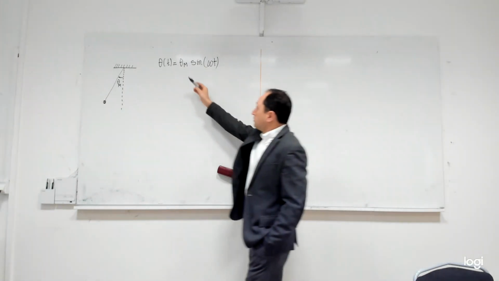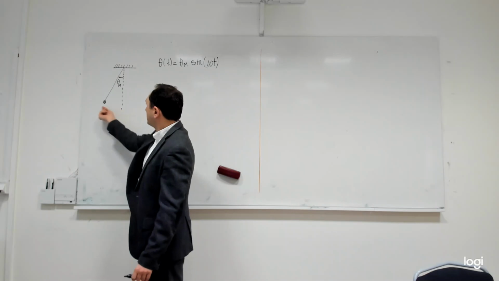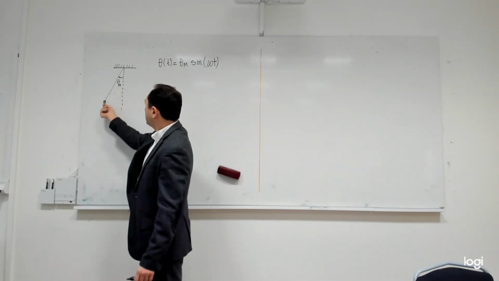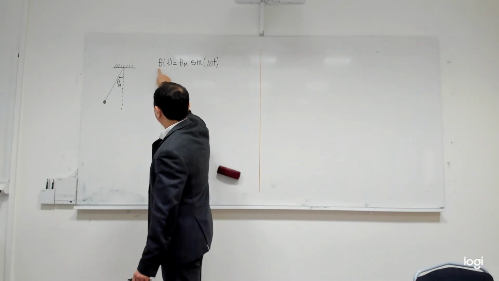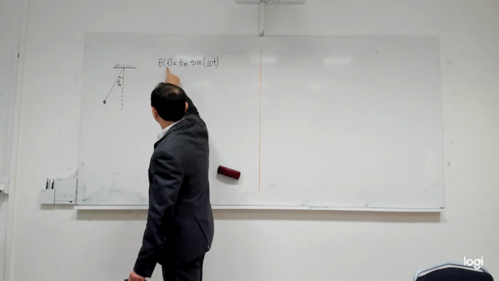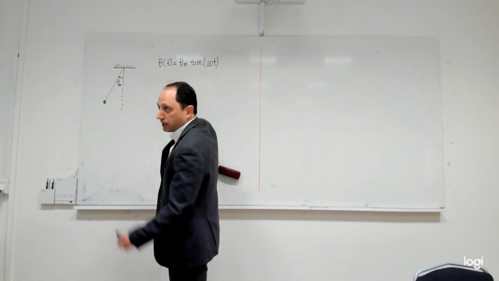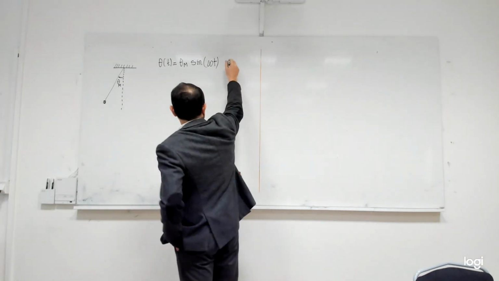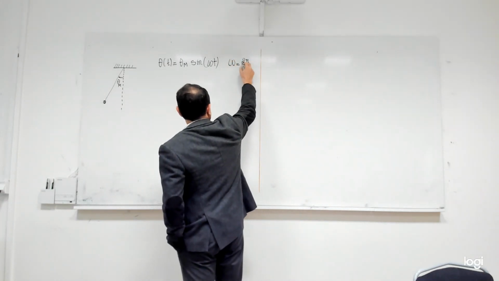So this tells you that if you deviate from the equilibrium position up to a maximum angle theta m and then release it, it will go back and forth. If you want to know the angle at instant t, you put it in this formula and calculate it. And omega is the angular frequency. You know that omega is related to the period using this formula.